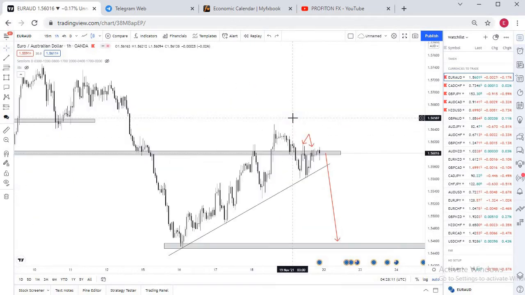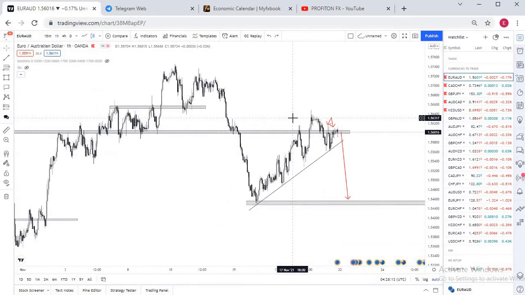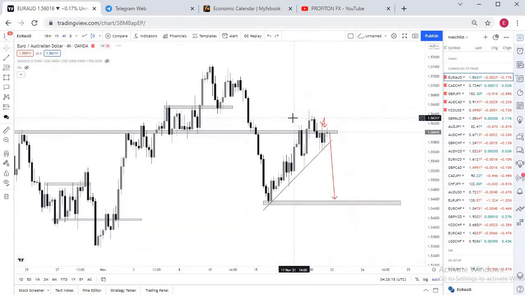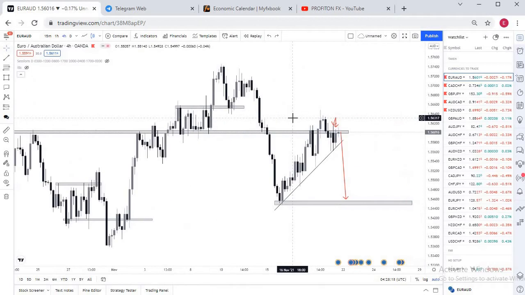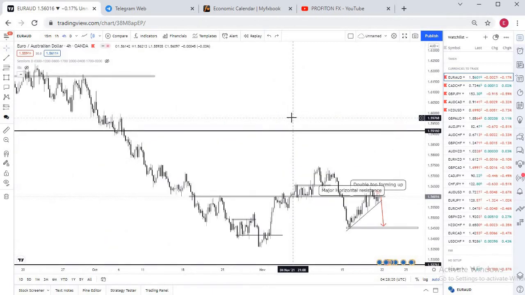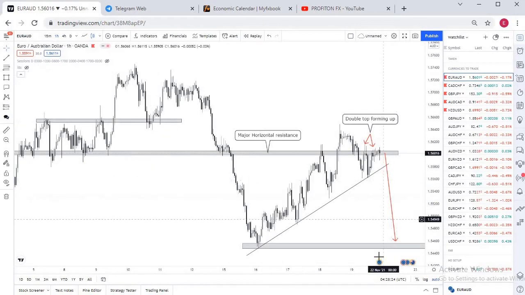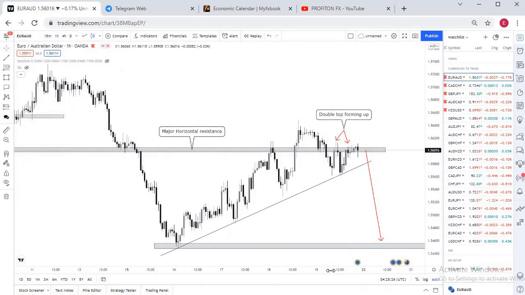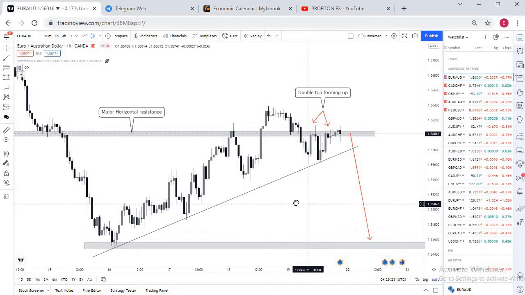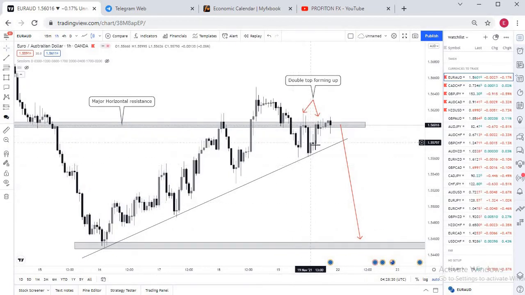Now on the 1 hour time frame, I'm considering this to be a possible double top forming at this point here before we see a break or a push to the downside here.